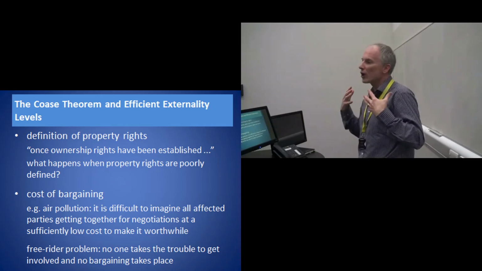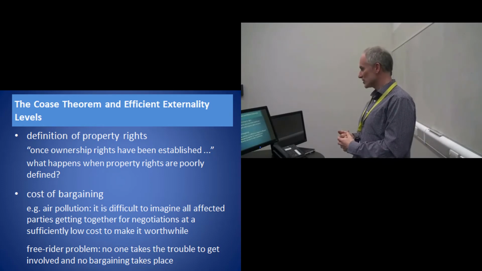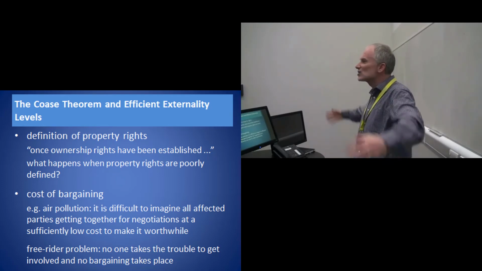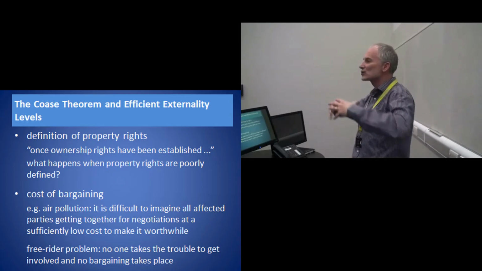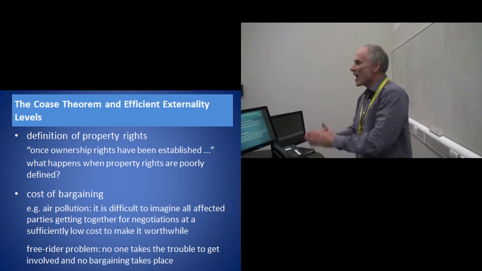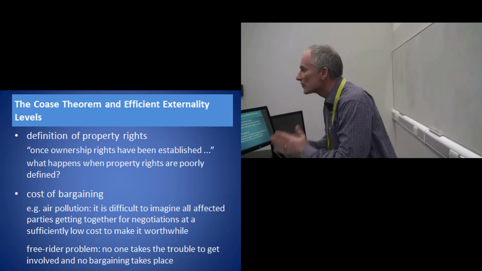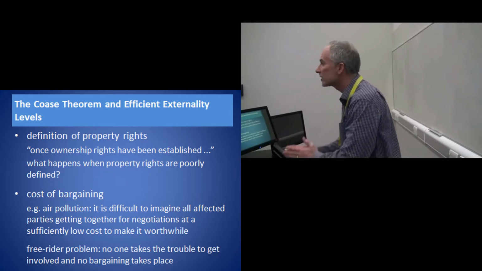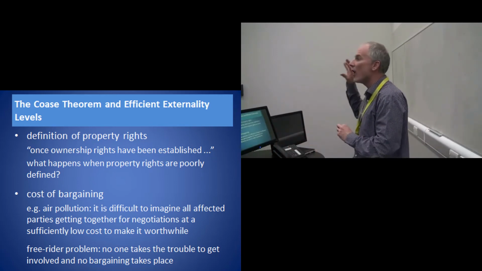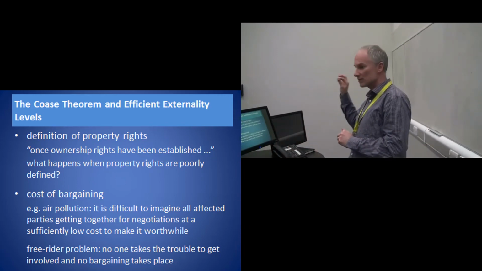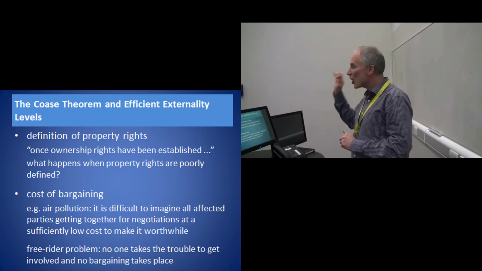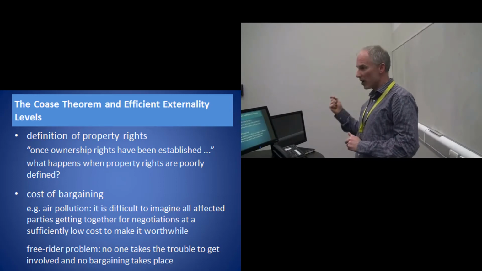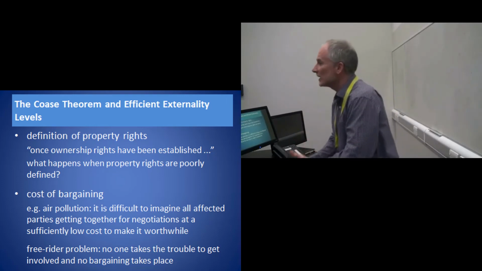But when there are a large number of parties involved, how do we get these literally millions and millions of concerned parties together at a sufficiently low cost to make bargaining worthwhile? So whilst there are obvious benefits to bargaining, the costs of getting all the parties together are prohibitively high.